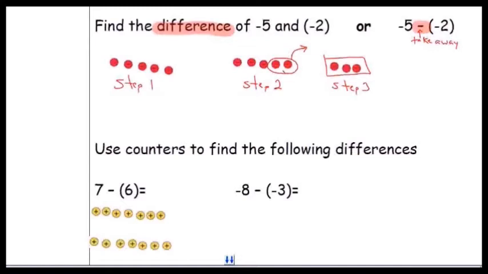Then on this second step, I need to show that I'm going to take away. Remember, we read this subtraction symbol as take away. I'm going to take away 6 positive counters. We have 7, so we can take 6 away. Grab these 6 counters right here.